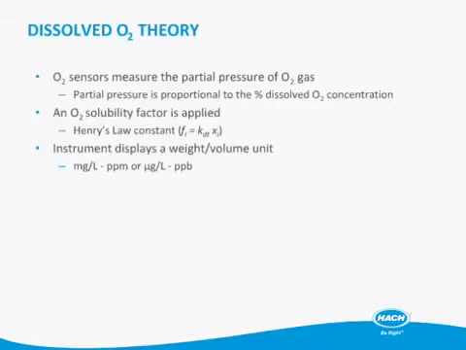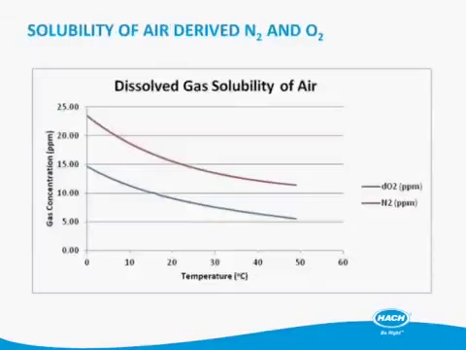So we have to take that percent O2 and apply a solubility factor, and then we take that value and look at it in terms of a weight per volume unit. So it's going to be milligrams per liter, also called parts per million, or micrograms per liter, which is called parts per billion.